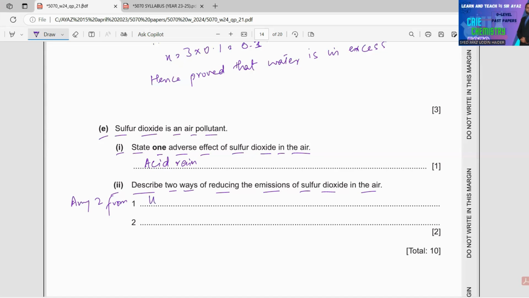So I will write use low sulfur fuels or do not use fossil fuels.